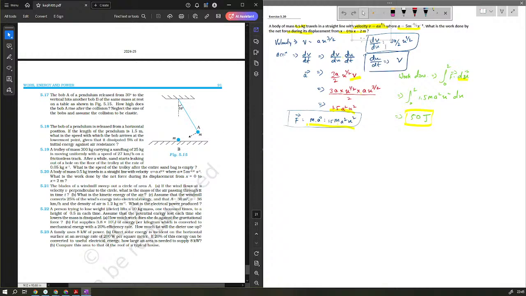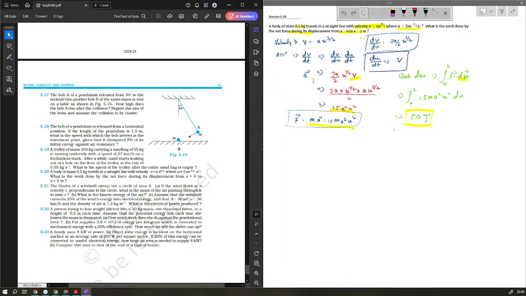So we know that velocity is the derivative of position with respect to time, and we have been given the velocity, so we can find the acceleration from the expression. If we differentiate the velocity expression with time, we will get the acceleration of the system. Once we get the acceleration, we have been given the mass, so we can get the force.